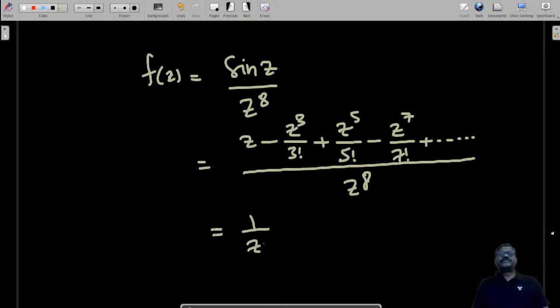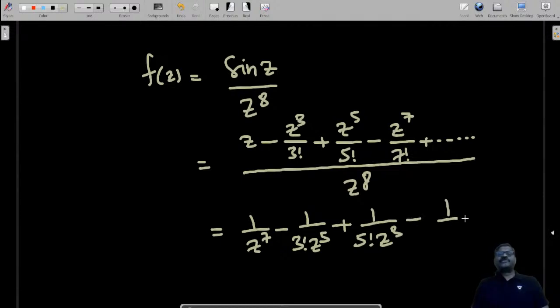That is 1 by z power 7 minus 1 by 3 factorial into z power 5, plus 1 by 5 factorial into z cube, minus 1 by 7 factorial into z.